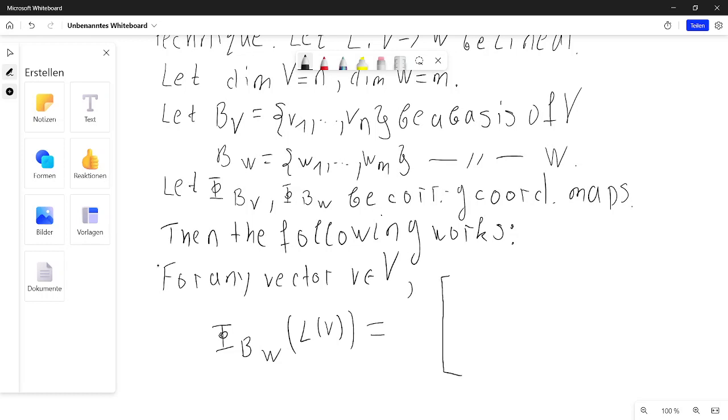So if we have chosen that basis, we can compute those coordinates of the image of v under the linear map L as follows.